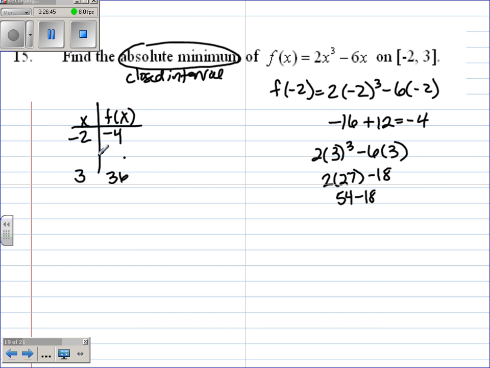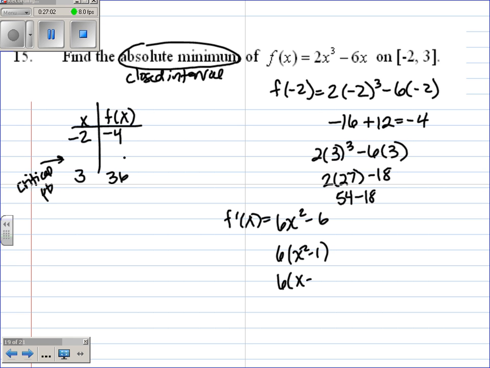And then we need to find critical points. So let's take f prime of x, which is 3 times 2 is 6x squared minus 6. If we factor, we have x minus 1 and x plus 1. So you have x equals 1 and x equals negative 1. So they're both on the interval.